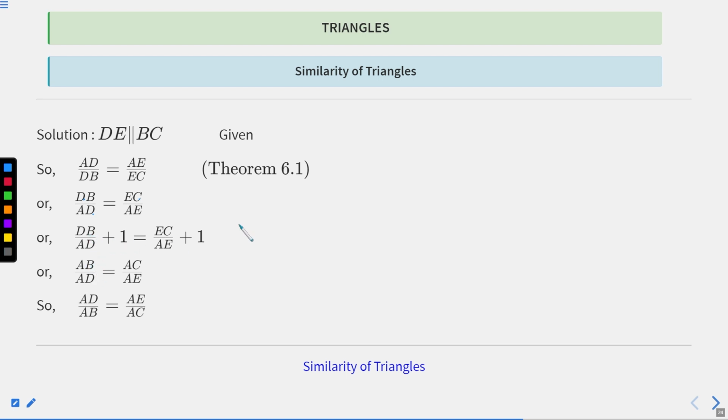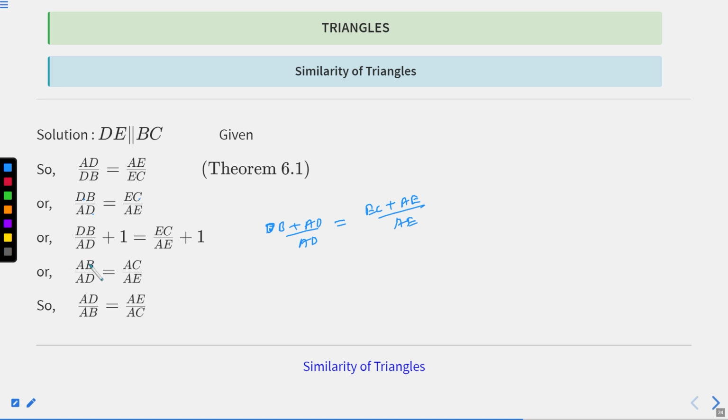Or, DB plus AD over AD is equal to EC plus AE over AE. Here DB plus AD is equal to the side AB, and EC plus AE is equal to AC.